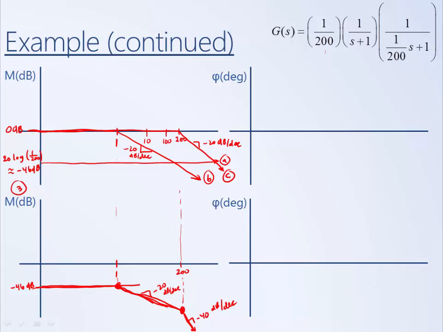We then go ahead and do the same thing for the phase plot. So looking at the phase of component A, it's just a simple gain and it's positive. So its phase is a constant 0 degrees. This simple pole starts off at 0 degrees and ends up at minus 90.